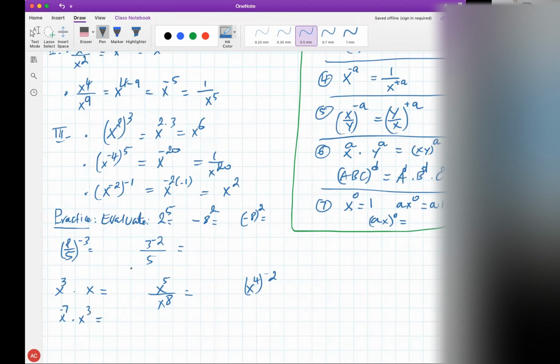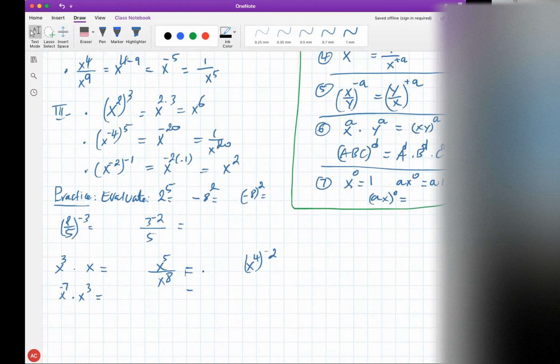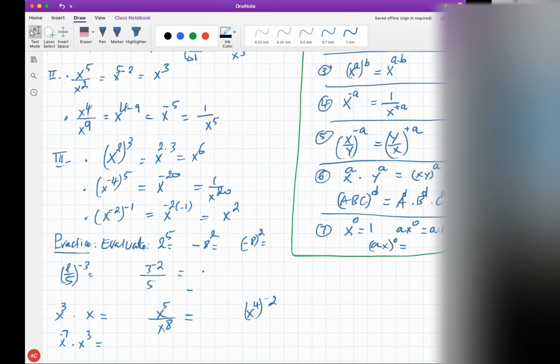Okay, so most of these will take you literally seconds. Most of them will take you maybe 3-5 seconds to do, almost immediately. And maybe 1 or 2 of them take you a little more time, maybe a minute or so. All right, so give this a try. The rules are here, the examples.